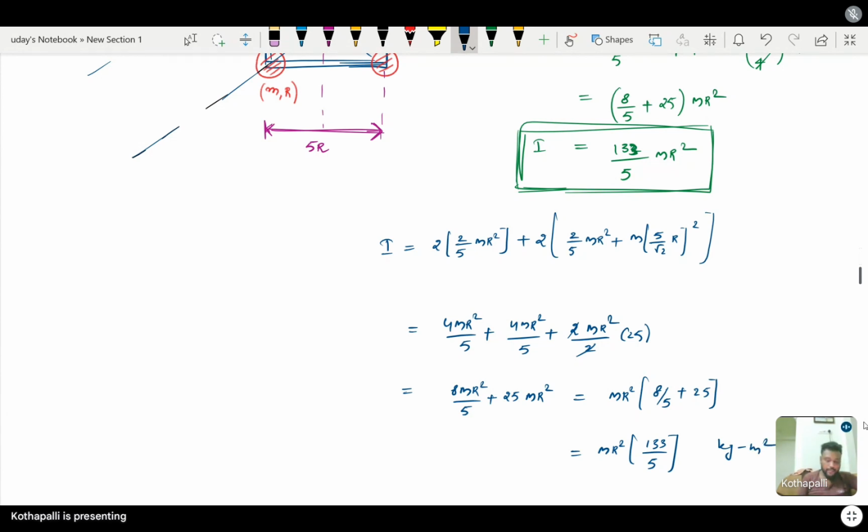Two spheres, 2 times of 2 by 5 mr square plus 2 into 2 by 5 mr square plus m into d square. D is 5 by root 2 whole square, 25 by 2. Here one more 2 is there. If it is multiplied inside, 2 times of mr square by 2 into 25. Yes, 2 will get cancelled. So 4 by 5 mr square plus 4 by 5 mr square, yes, 8 by 5 mr square plus 25 mr square. Correct? Understand? Okay.